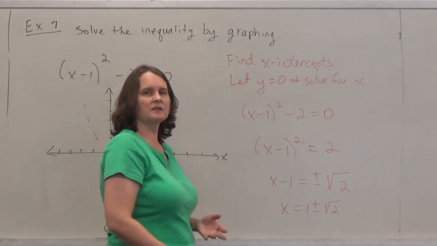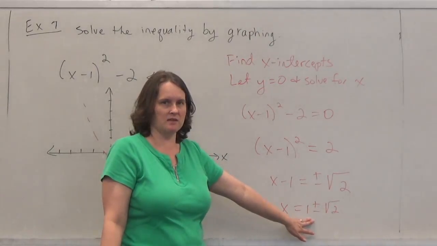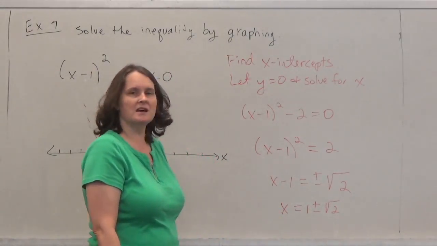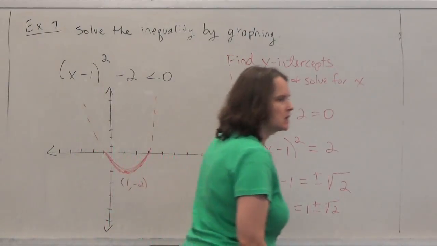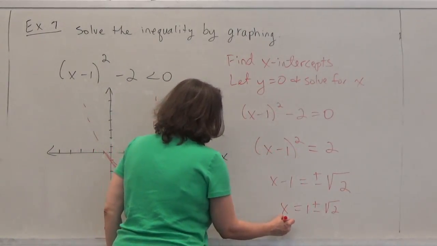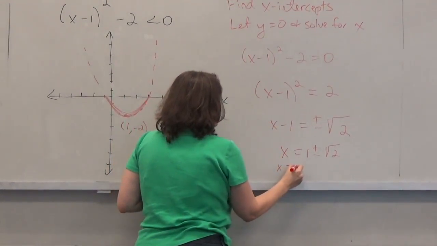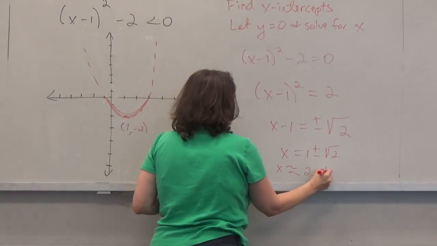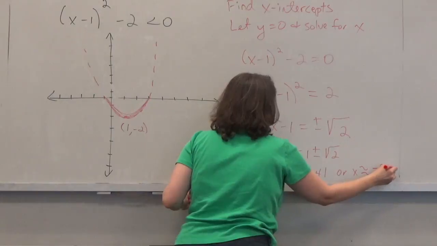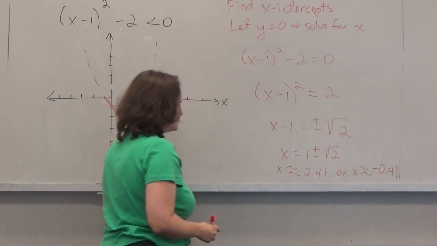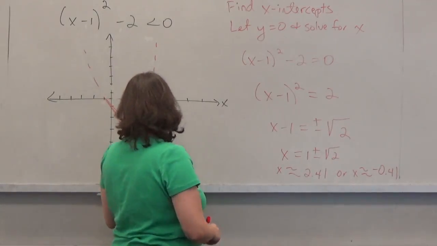Because I'm looking at this in terms of a graph, that's hard to graph in that exact form, so let's get the decimal approximations. x is approximately 2.41, or x is approximately negative 0.41. Those are my x-intercepts.